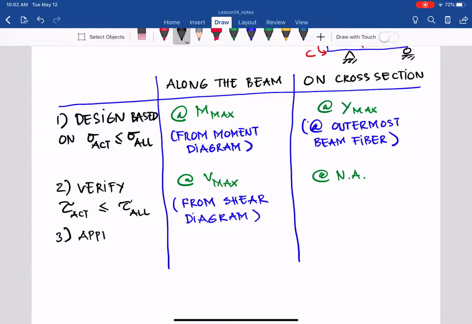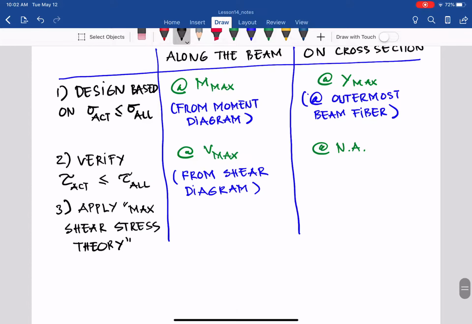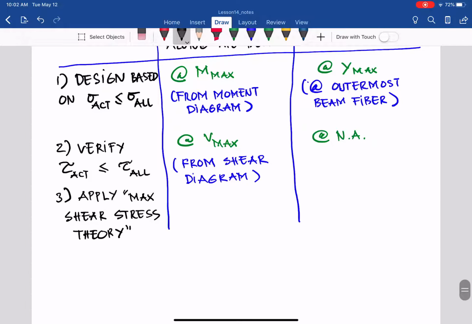You can refer to chapter 7, section 7.7 in your textbook to read more on that.